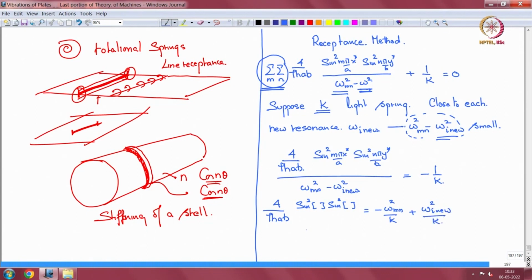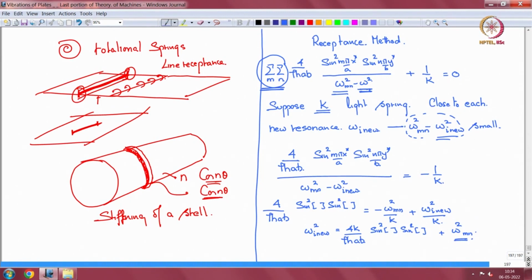Which means omega I nu square, that particular one, is given by 4k by rho h a b sine square, plus omega mn square.